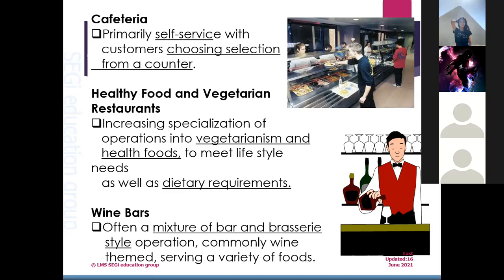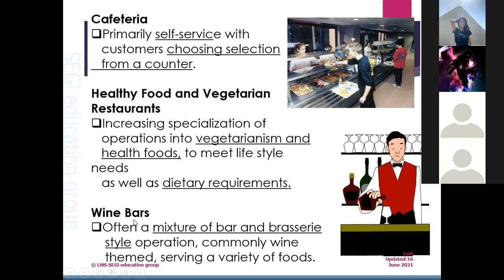So mereka dah tak makan makanan yang banyak kalori dan sebagainya. So memang ada market untuk healthy food and vegetarian restaurant. Vegetarian and healthy food to meet the lifestyle needs as well as the dietary requirement.